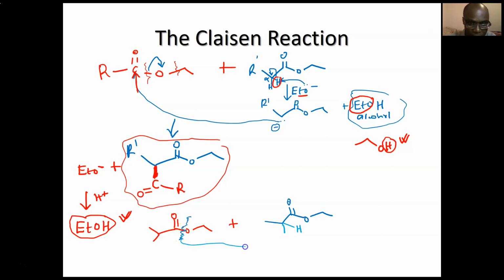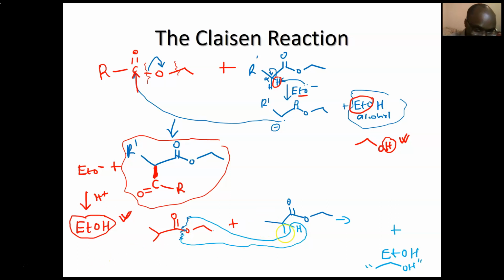So the shortcut is to lose ethanol, right? Ethanol will be the byproduct. This is CH2CH3 that makes Et. CH2CH3 is ethyl, so you get ethanol. It's just this molecule. That's ethanol. When this piece falls off, you get ethanol.